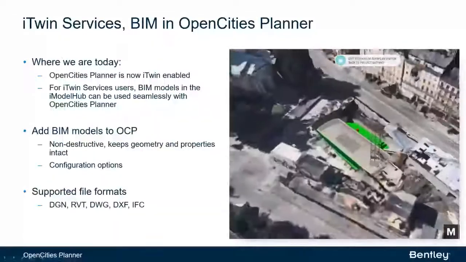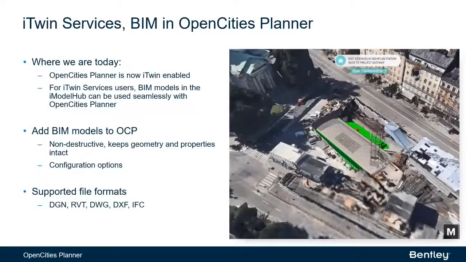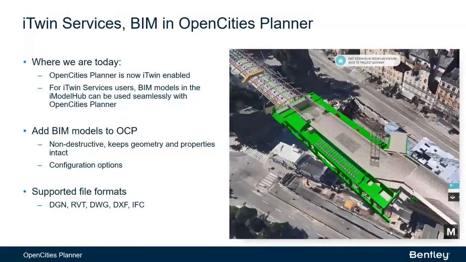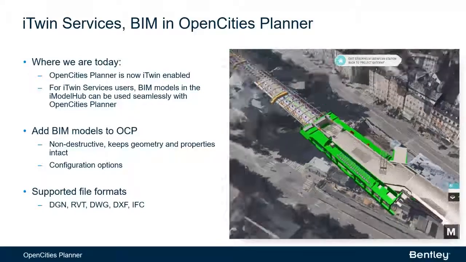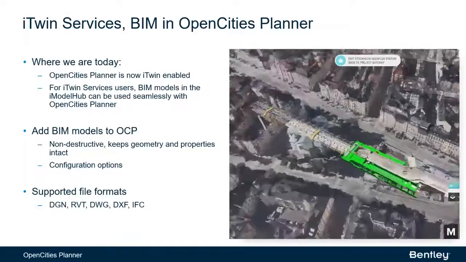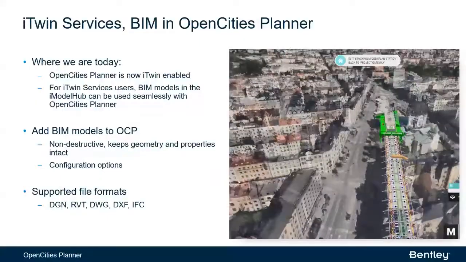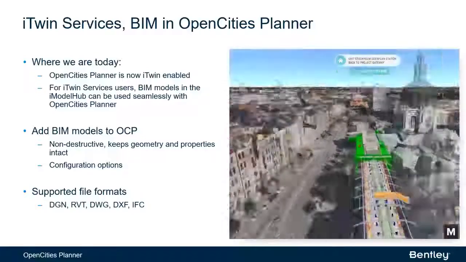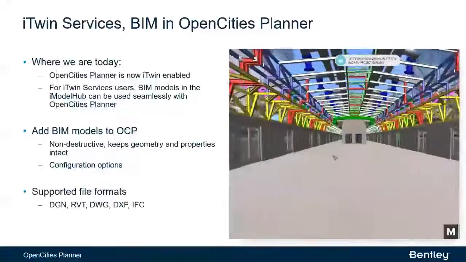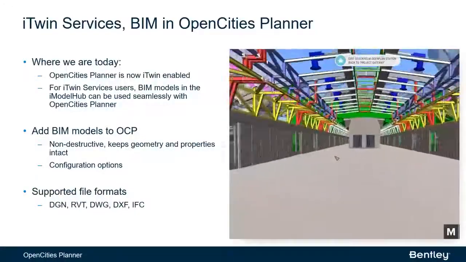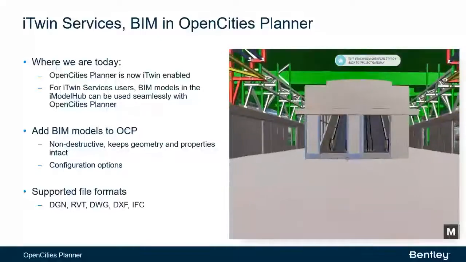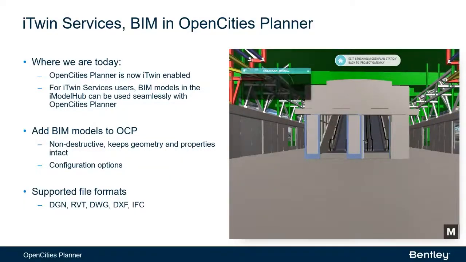I wanted to talk a little bit about the work we have been doing to integrate the Bentley technology, iModel Hub, and the iTwin services. Basically what this means is now we can bring in BIM models into OpenCities Planner directly without conversion to Collada or to KMZ or any lossy format.